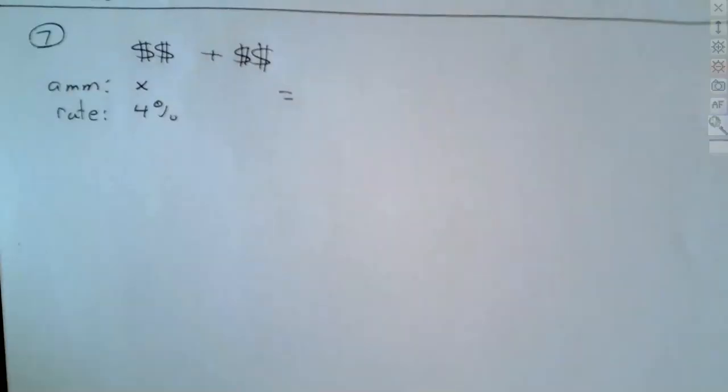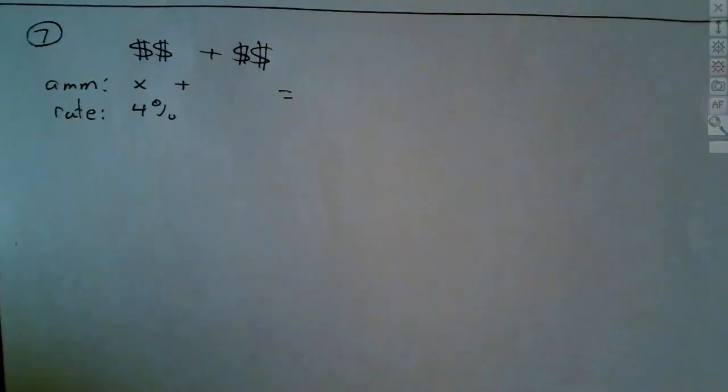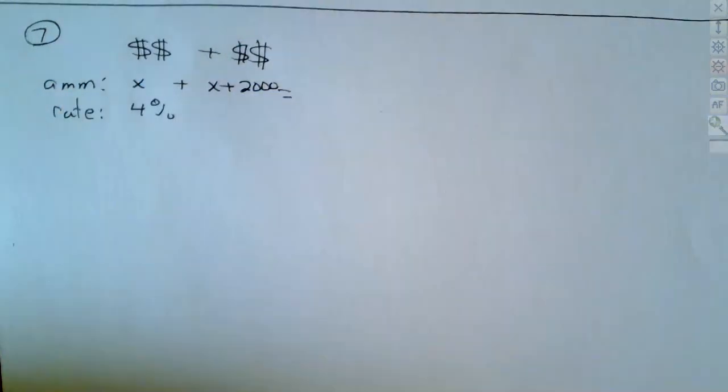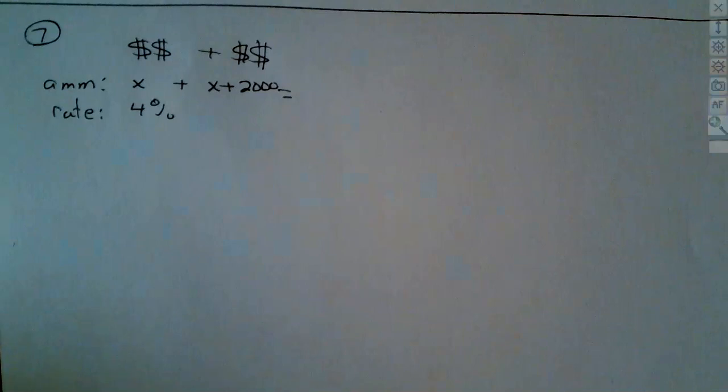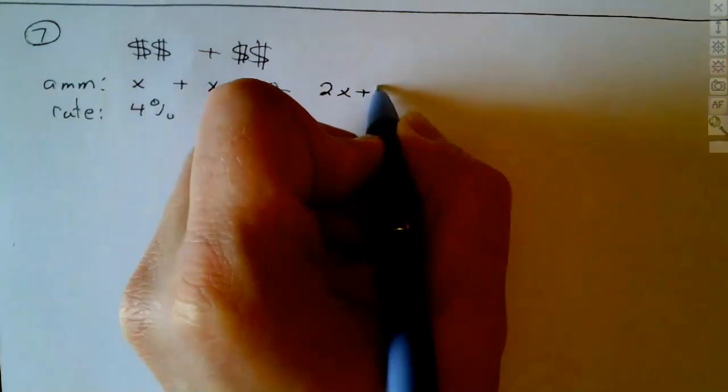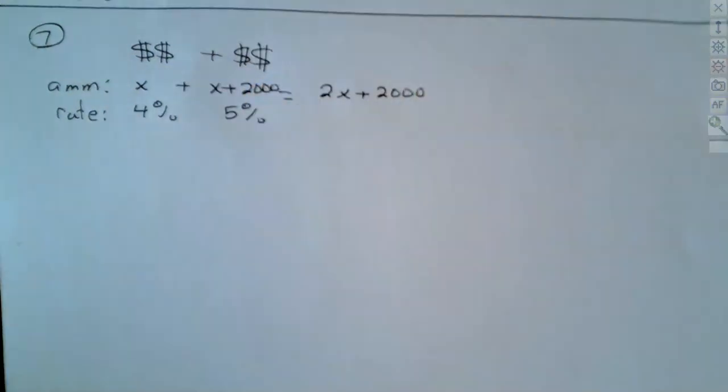So unknown amount, 4% rate. We're going to combine that with another account that has 2,000 more. So that's x plus 2,000. And it pays 5%. Adding across, that gives you 2x plus 2,000.